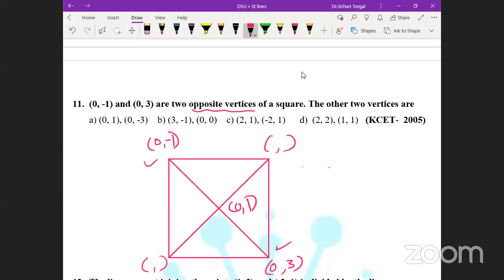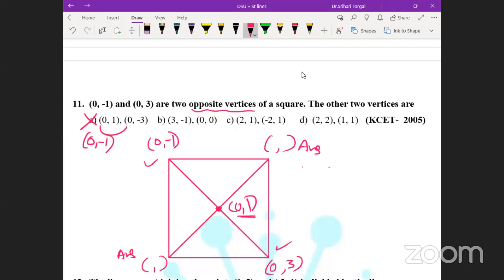See here, if you find out this 0, 1 as the midpoint, and these points are in the answer, and if you calculate the midpoint, you must get 0, 1 as the midpoint. Let me check with the option A. One minus 3 is minus 2 divided by 2 is minus 1. Option A is not the answer. Okay.